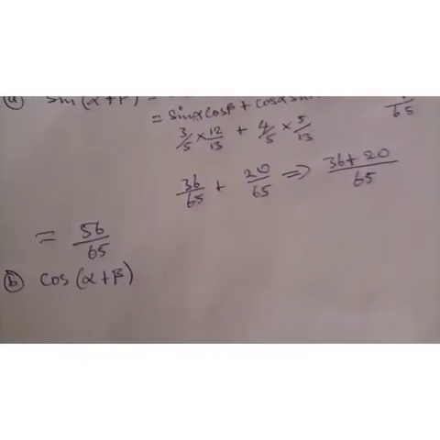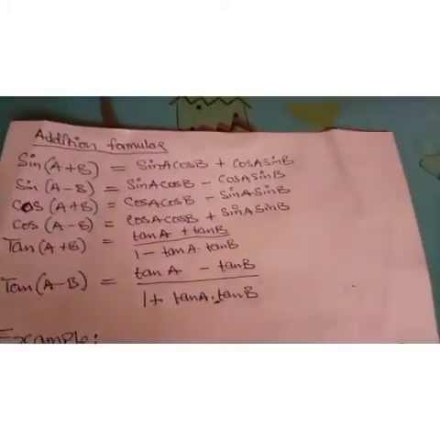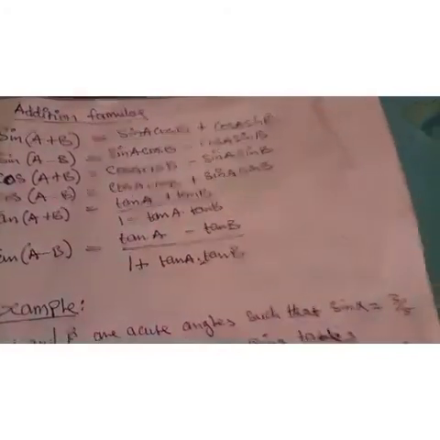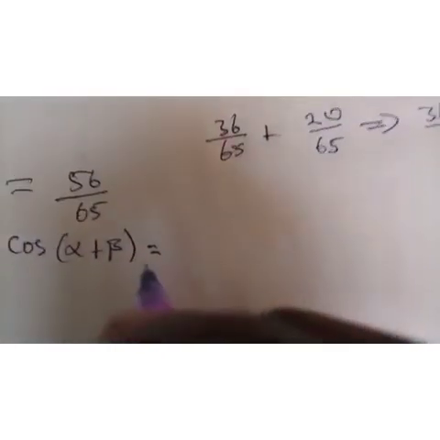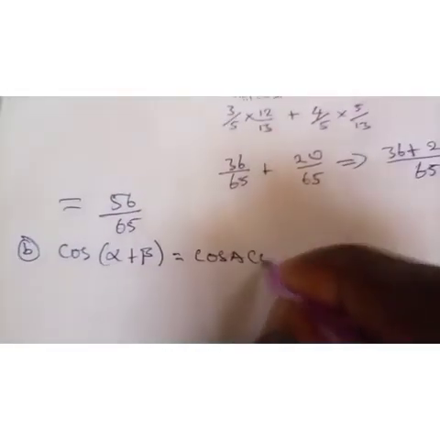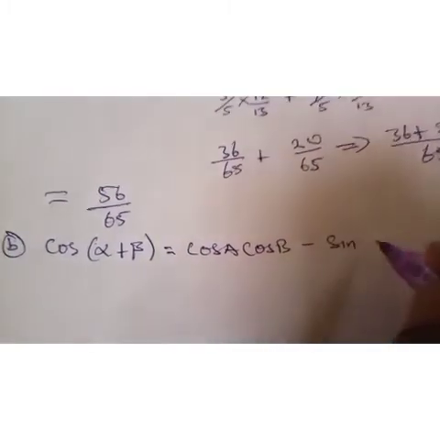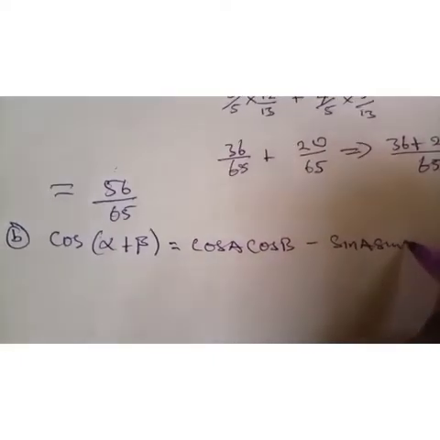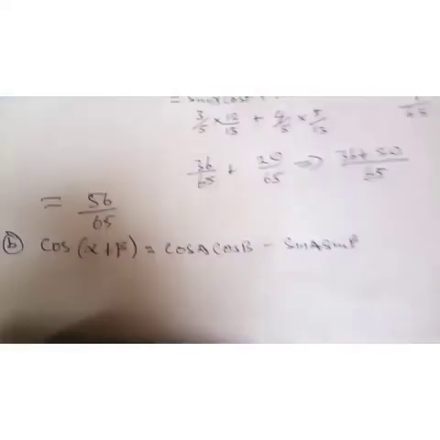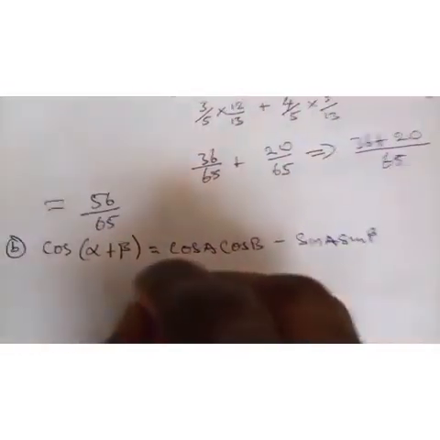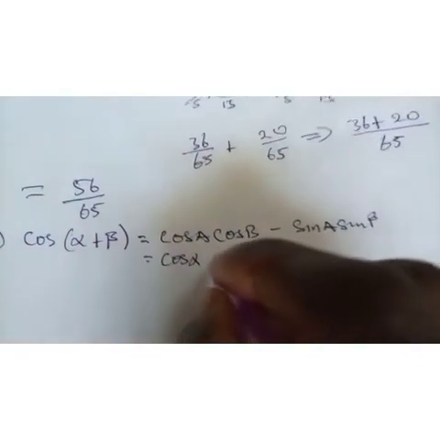We look at the formula here: cos(A plus B) equals cos A cos B minus sine A sine B. But in our own case we are using beta, so it will be cos alpha cos beta minus sine alpha sine beta.